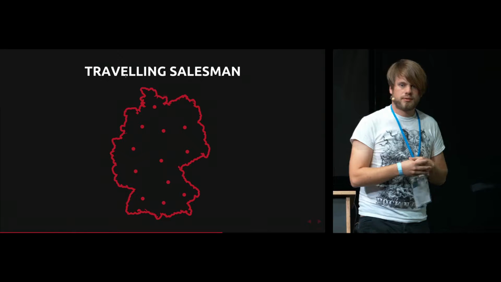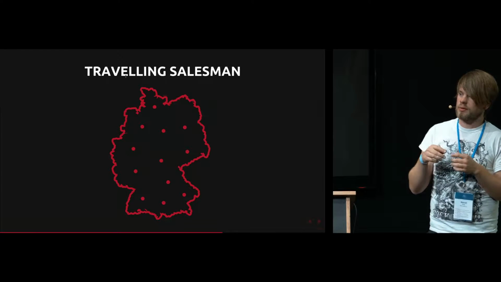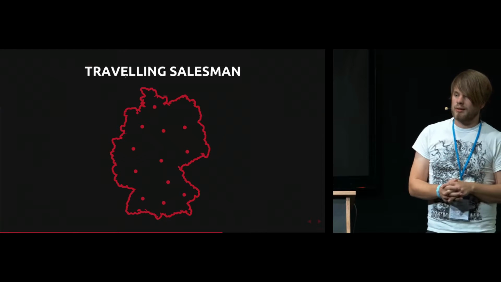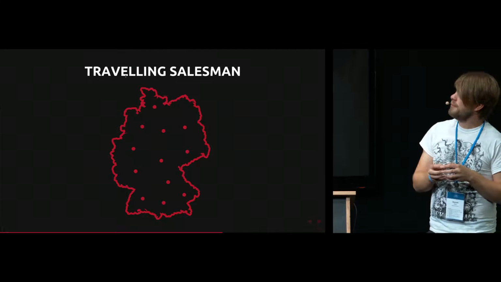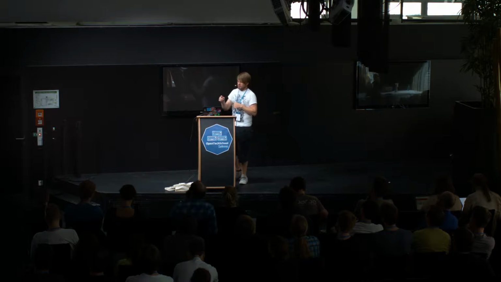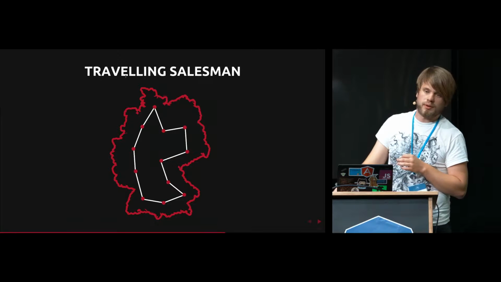And we have a person that travels around and wants to visit each and every city on that map. And of course, the person wants to travel as little as possible, so it needs to find the shortest possible way. And that's, for example, that one.